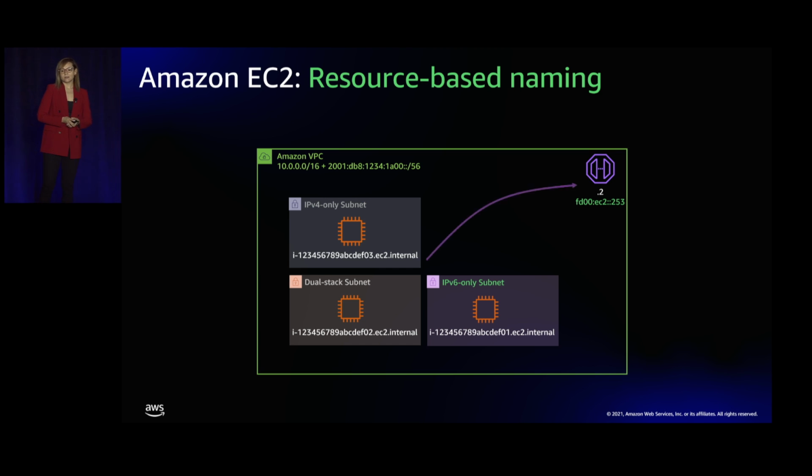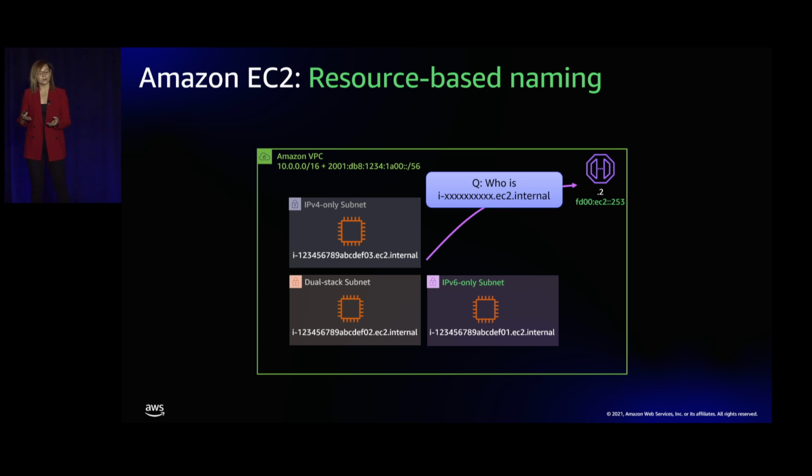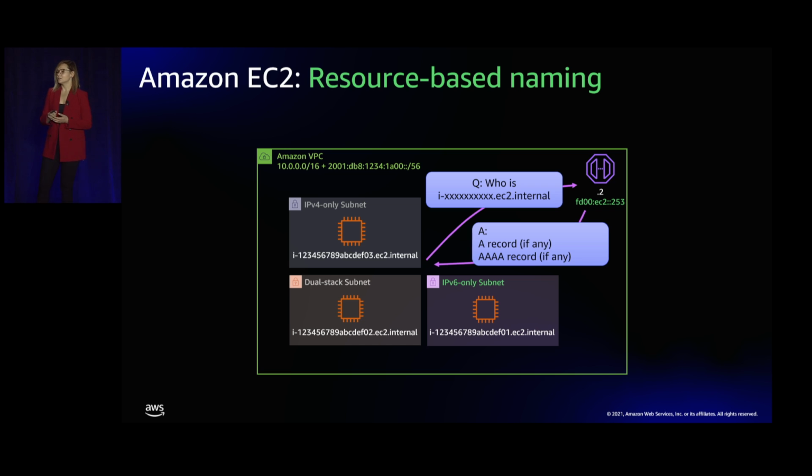So what happens now is that whenever a query comes to the DNS resolver with an instance-based name using the instance ID, the DNS resolver will reply with either the A record or the quad A record to that query.